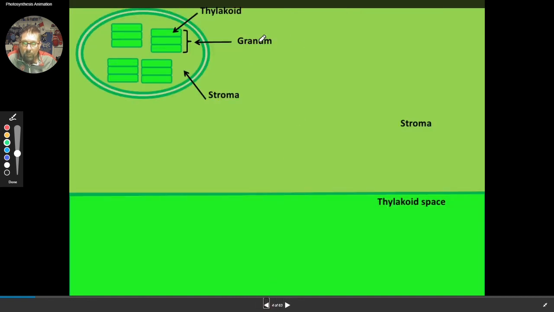What we're talking about here is the thylakoids, the grana, and the stroma, and this little diagram is what this is. This is the stroma part, and this is the thylakoid space. The neon green is the thylakoids, and the darker green is the stroma, just so you can know exactly where we are, and this would be that membrane.